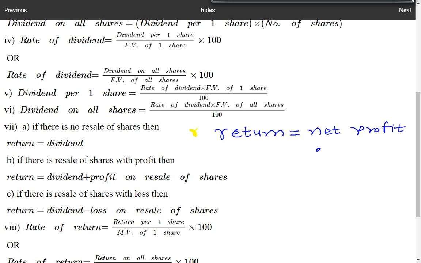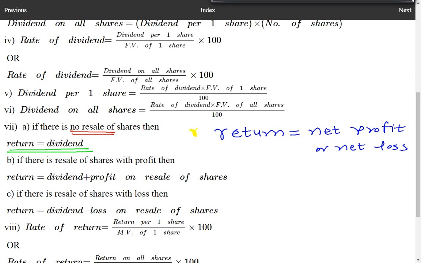Net profit or net loss. So there are three possibilities. First possibility, there is no resale. In that case, return is equal to dividend. If there is no resale, then return is obviously the profit, which is dividend.